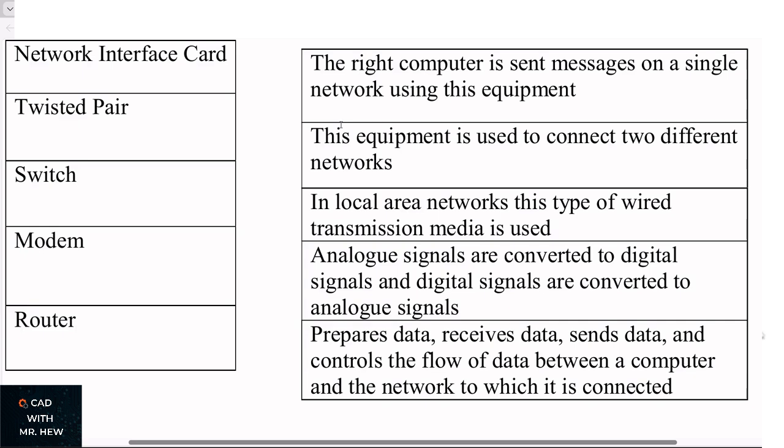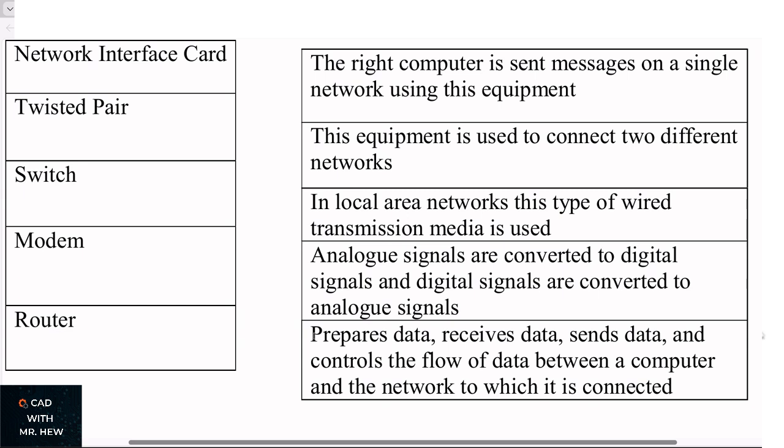The next definition: in a local area network, this type of wired transmission media is used. Then the next definition: analog signals are converted to digital signals, and digital signals are converted to analog signals.